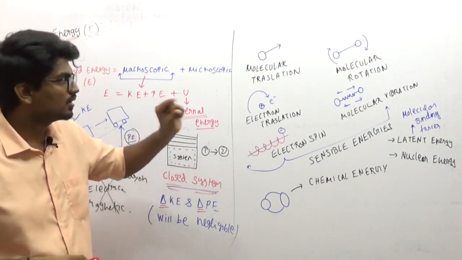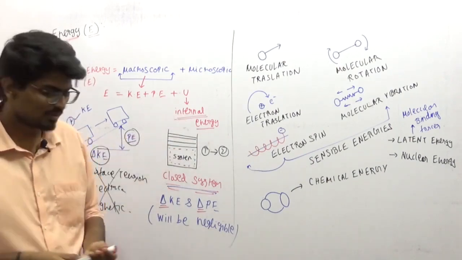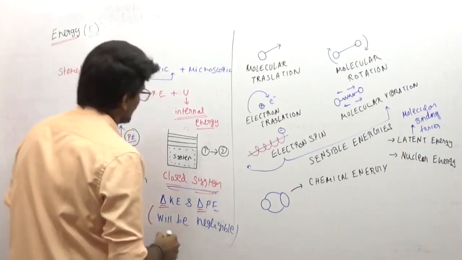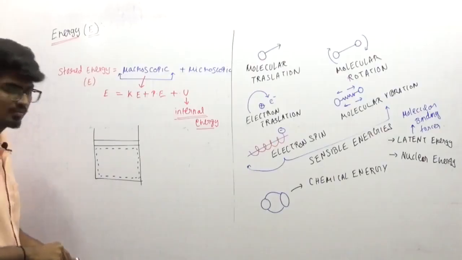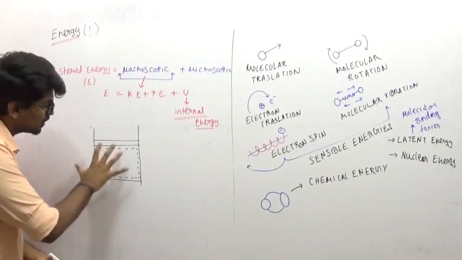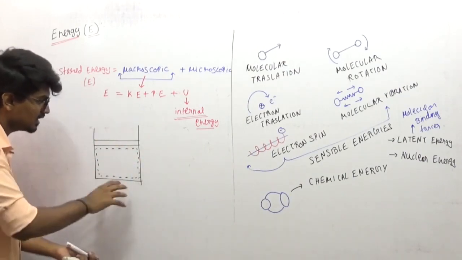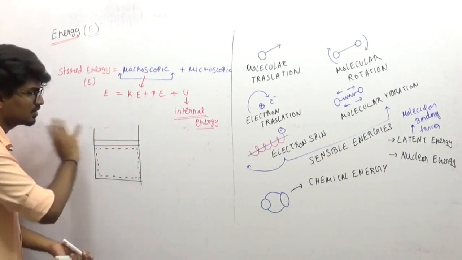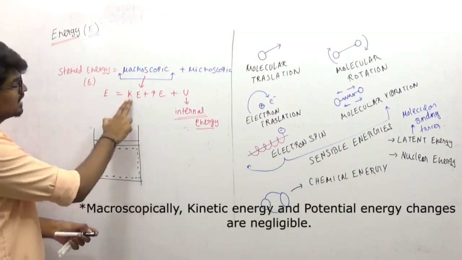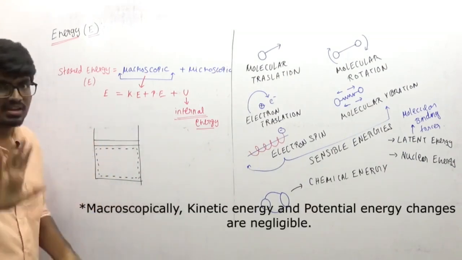Listen, this is my system. As a whole, it is not going to change much. Either the distance or the velocity of the system as a whole is not going to change. So change in kinetic energy and change in potential energy will be negligible.